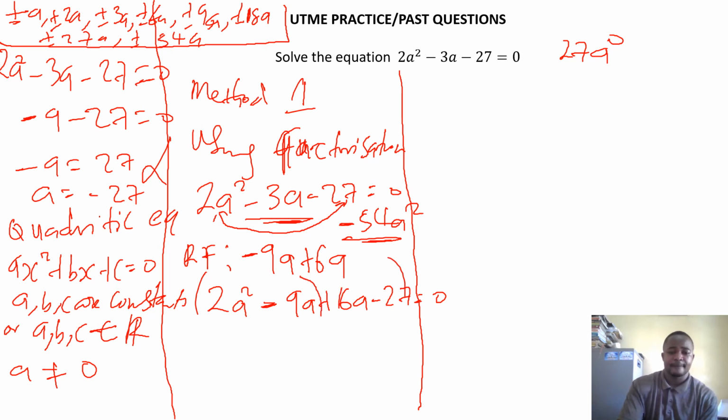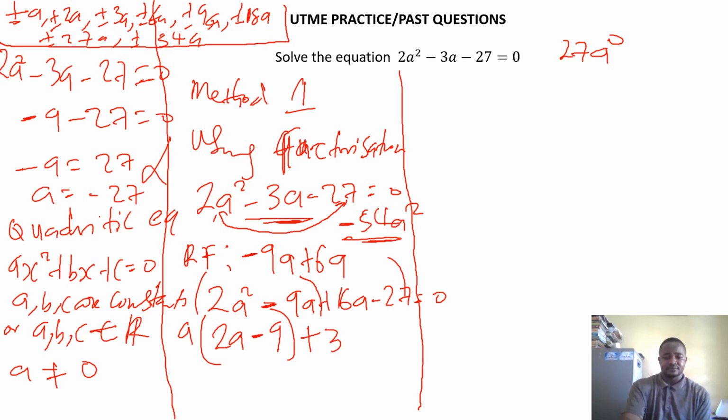What is common here? It is only a that is common. So since a is common, you are going to say a open brackets 2a minus 9, close the bracket, plus, what is common here? What's the HCF of 6a and 27?